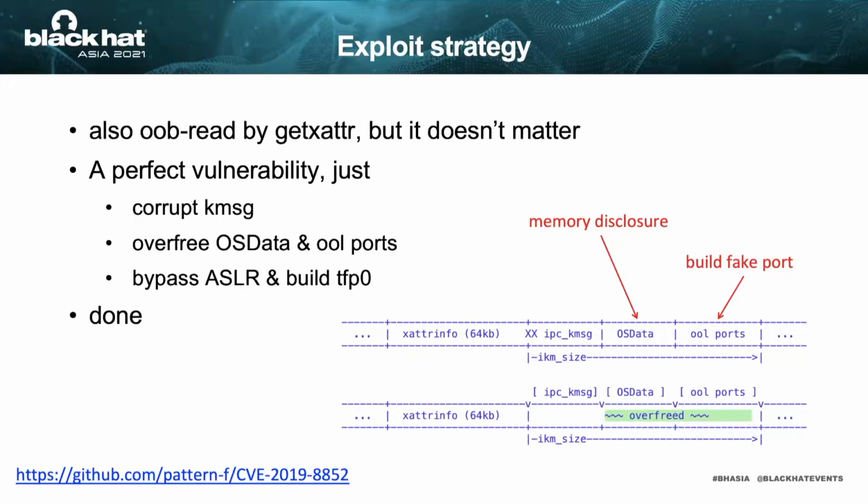The overfree targets are an OOL port and an OSData. The OSData object serves to disclose kernel memory, and then as before, you can build a TFP0. Done. I will not discuss the details of the exploit process. You can find the exploit code in my GitHub. The link is given in the bottom left corner.